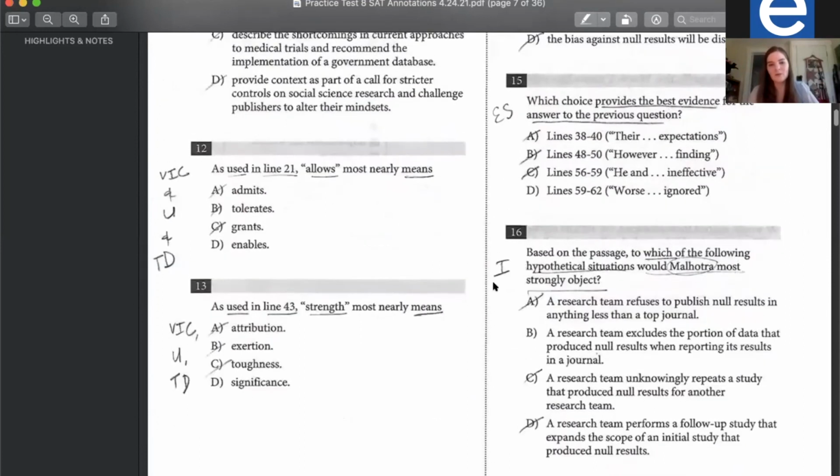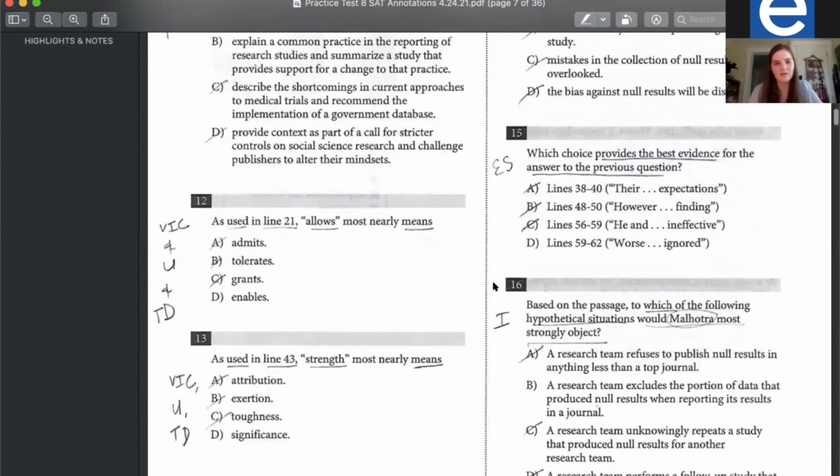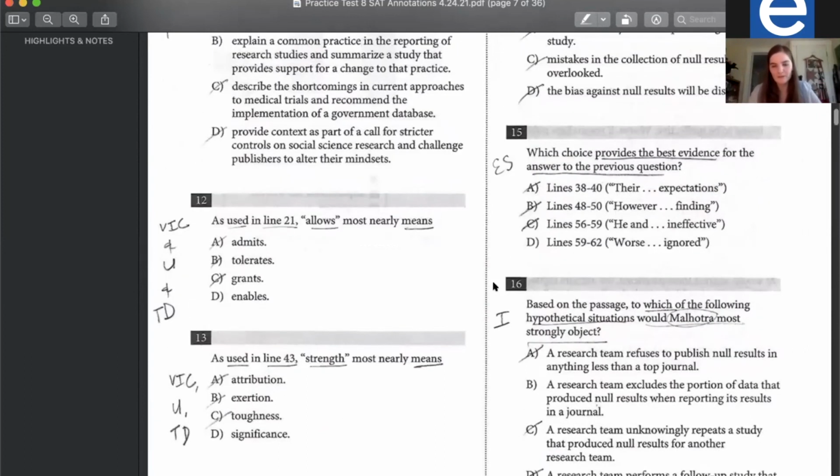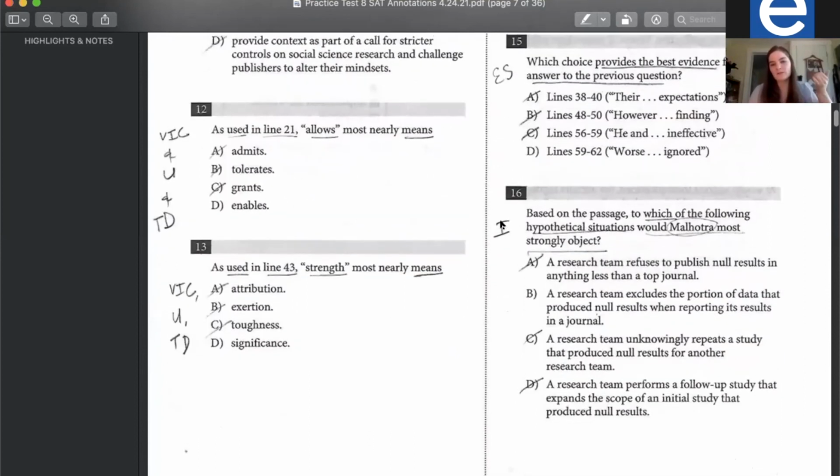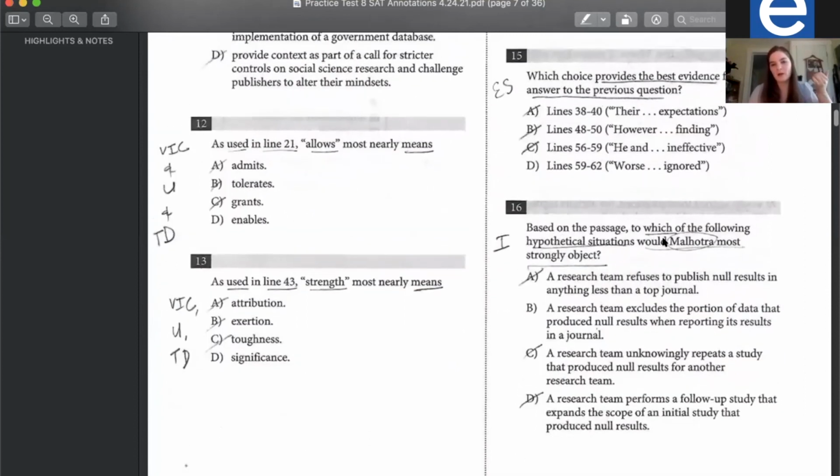Sometimes the inferencing questions will directly say that they're going to infer, like I think that first example we looked at, but sometimes they're not. Sometimes they might just say suggests, or like question 16, which is inferencing because it asks which of the following hypothetical situations would Malhotra most strongly object to.